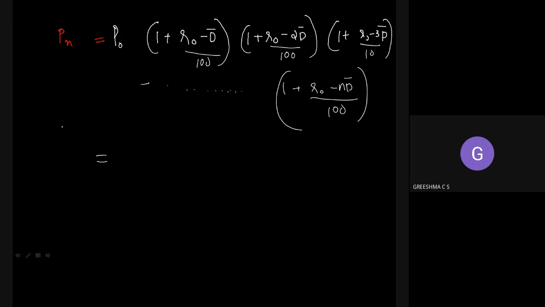Ours is you have to find out the population for the year 2000. The last known population is for the year 1980, so here n is equal to 2.